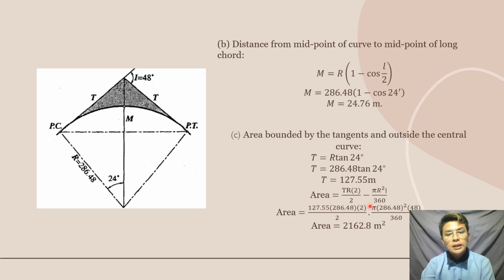And to get the area of the tangents, we must use the formula TR times 2 divided by 2 minus pi R squared times I divided by 360 degrees. So, given the values and the formula, we must get the area is equal to 1,162.8 meters squared.